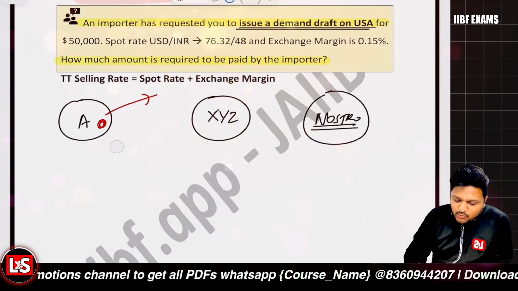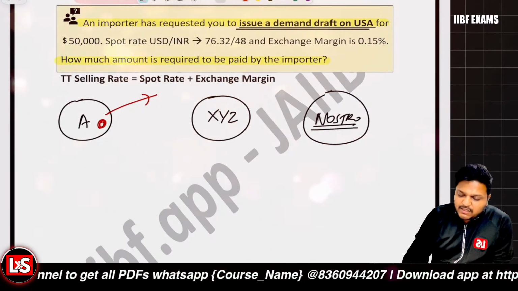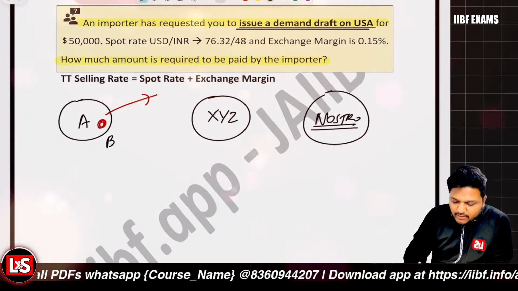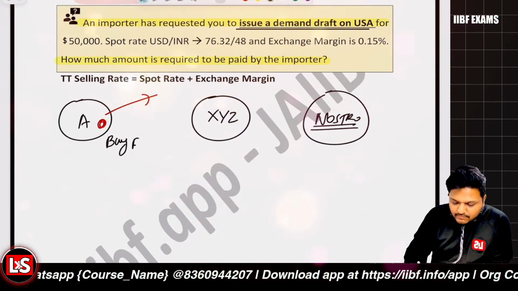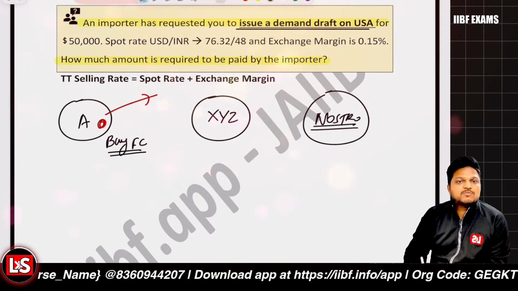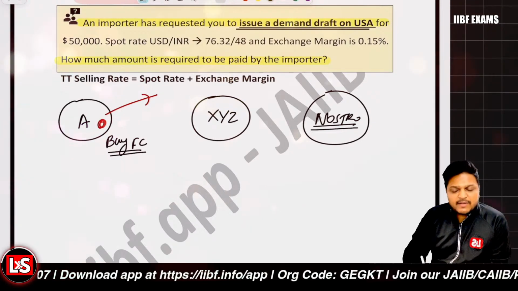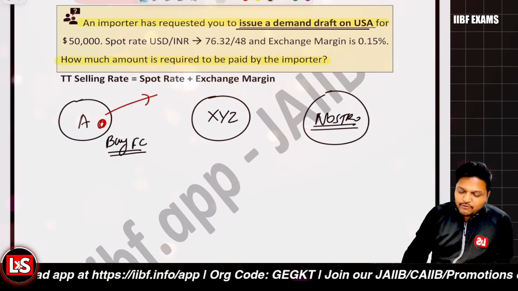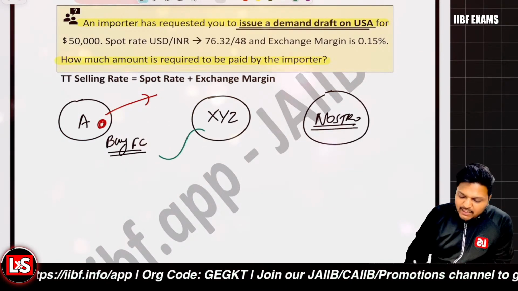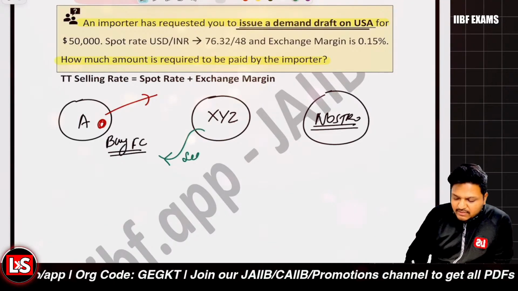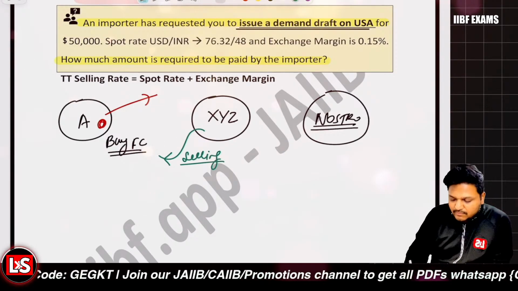Now in this process the customer wants to buy the foreign currency. Now it's the customer perspective, means the merchant rate would be applicable, right? So the customer will be able to buy the foreign currency at which the bank is ready to sell.